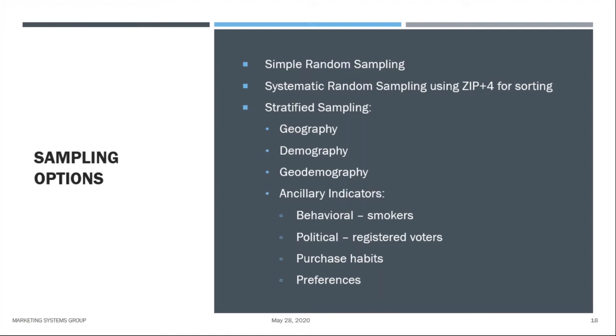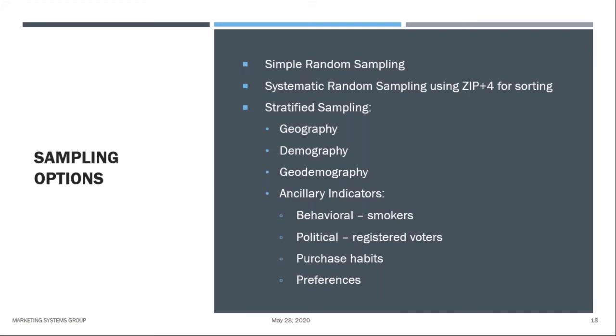And in terms of sample selection, as a sampling statistician, this is a perfect sandbox for various sampling options. Obviously, we can select a simple random sample across the entire ABS frame, but by default, most of our samples are selected in a systematic random sampling fashion, whereby the entire frame is first sorted by zip+4 so that we produce samples that have perfect geographic coverage.